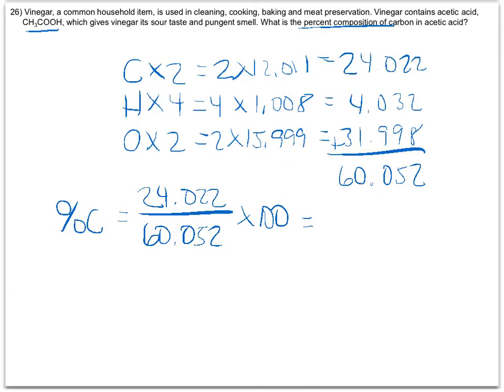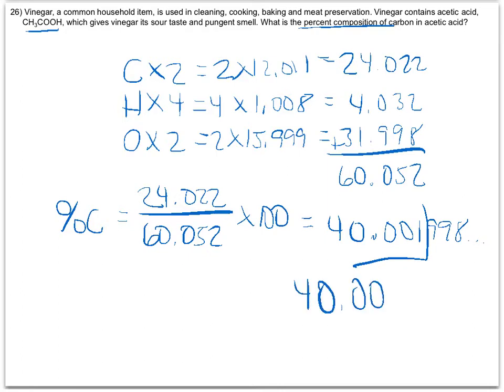So that gives us 40.009, blah, blah, blah. And we can take this to 5 significant digits. So that's going to be 40.001%, or just 40%.